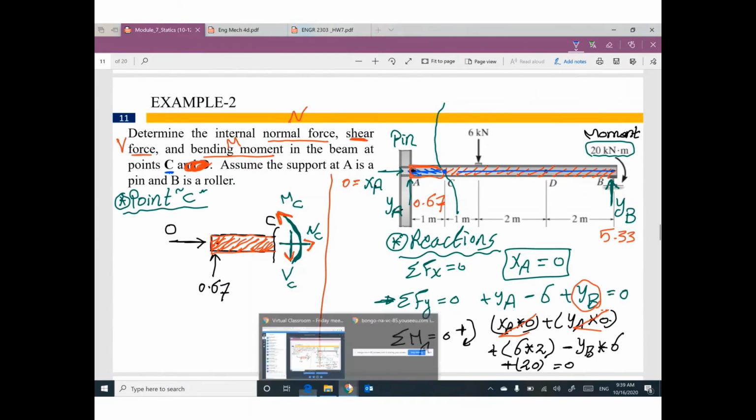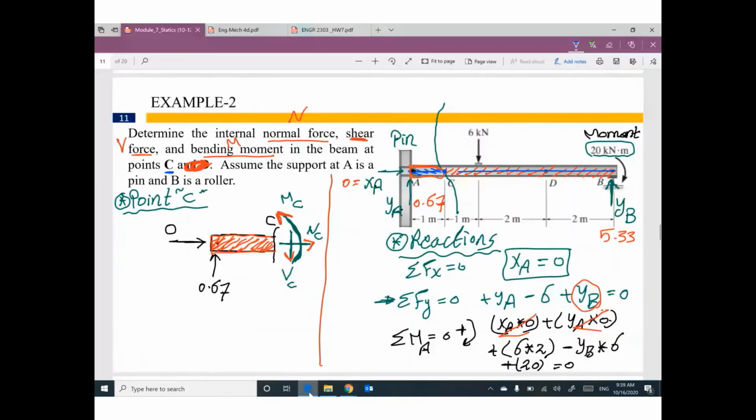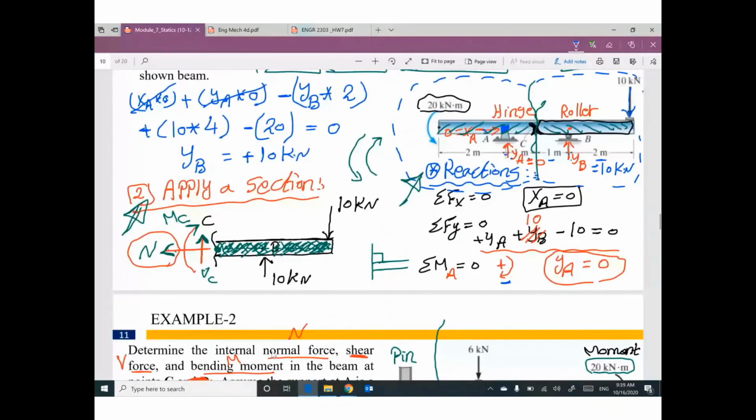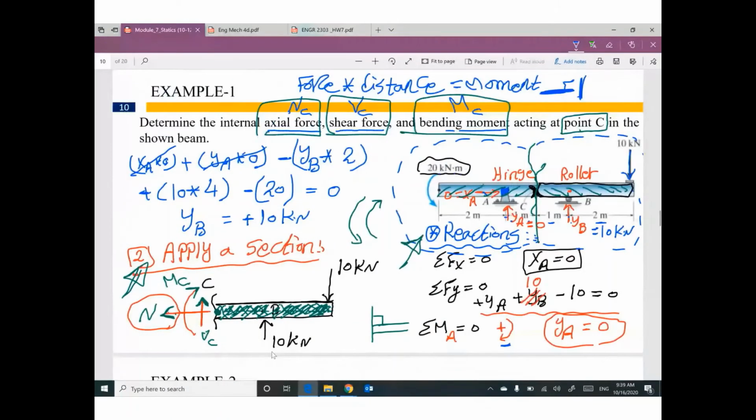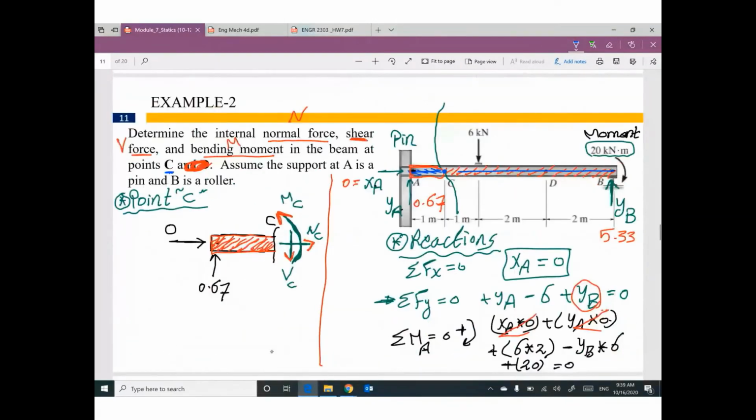It's not my opinion, it's the problem. It will ask you for a specific point. In the previous example, we were looking for internal forces at this point, so I needed to make a cut at this point. Now we have a point C. I will make the cut at C.